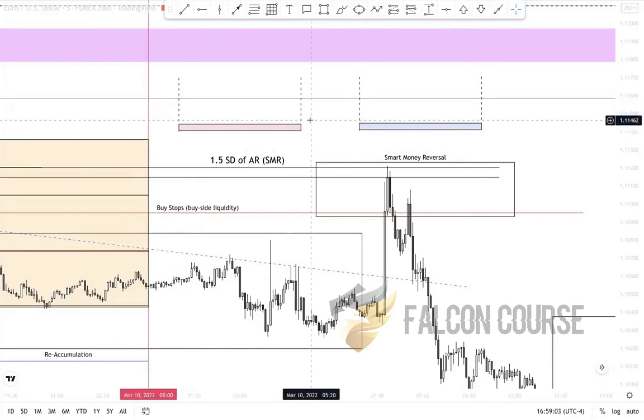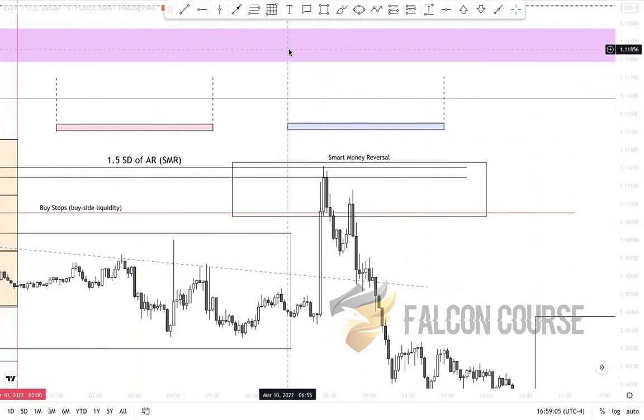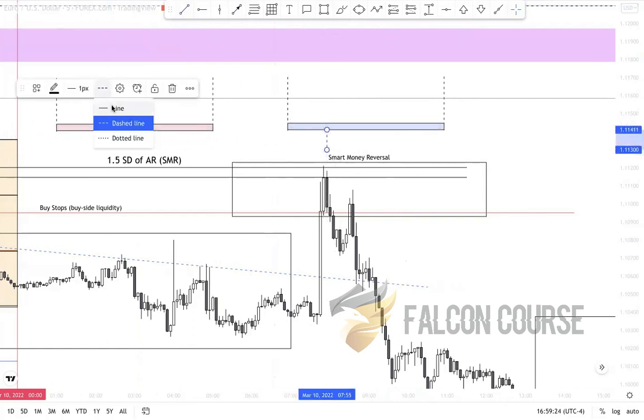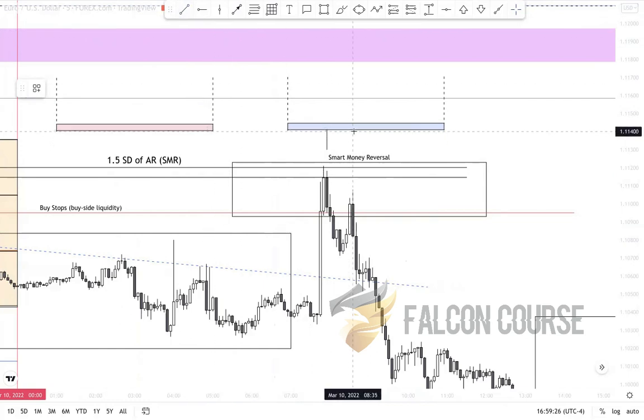Let's see. So what did I say about the entry? A lot of times, I even showed a couple of examples earlier, the market would give the actual entry at what time? At 8 o'clock to 8:30, right? That's 8 o'clock, and that will be 8:30.